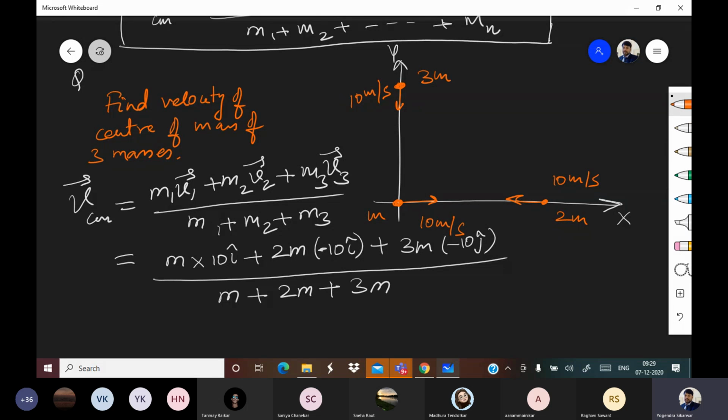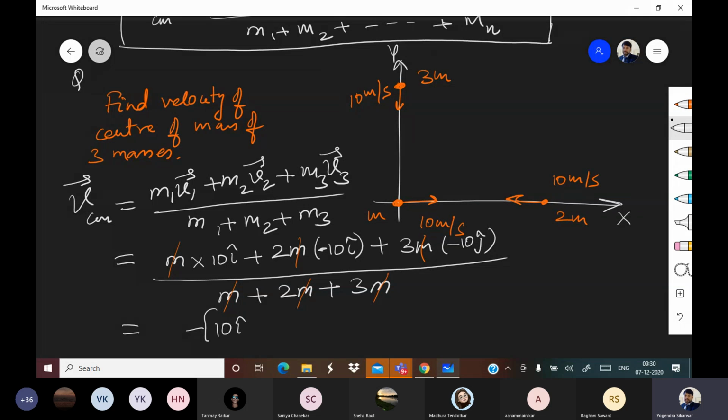So now what we can do is, M, all these got cancelled. Right? So what is our final answer? Final answer comes out to be plus 10 I cap minus 20 I cap, so that will be minus 10 I cap.